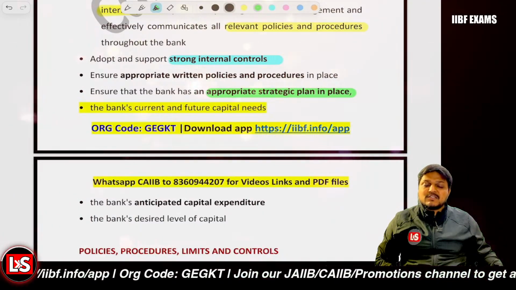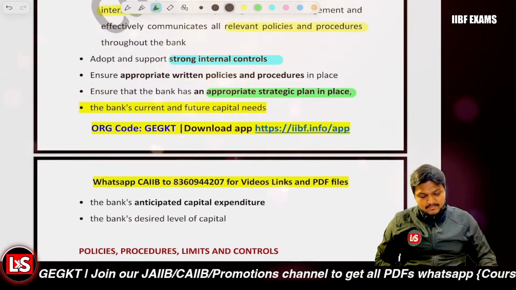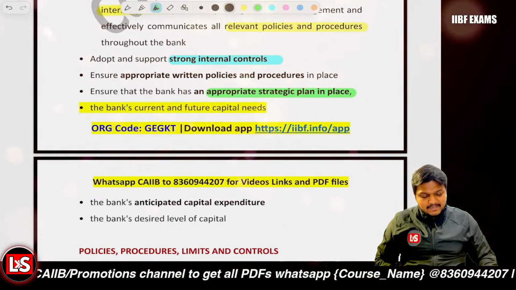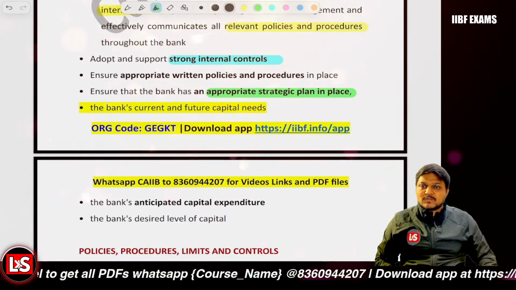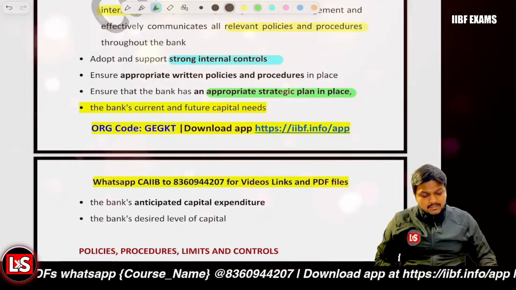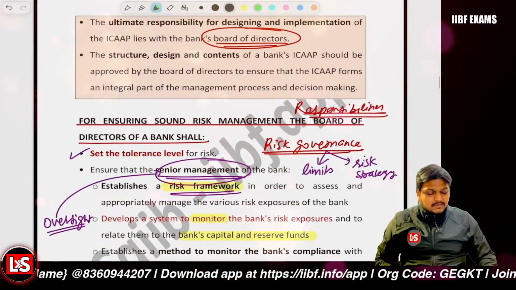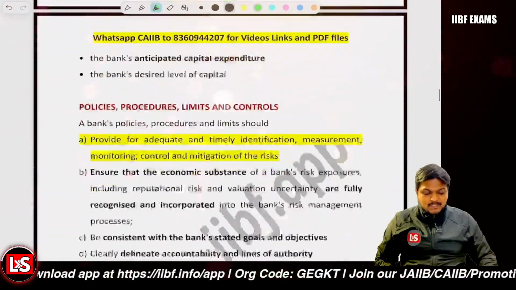These are the responsibilities of the board of directors, right? So whatsoever the capital expenditure is anticipated, that must be taken care of. What are the current needs, future needs, those must be looked into, right? So that's about the responsibilities of the board of directors, senior management, and the controls that must be there.